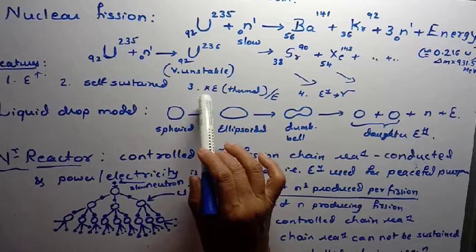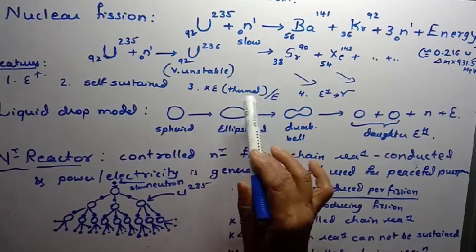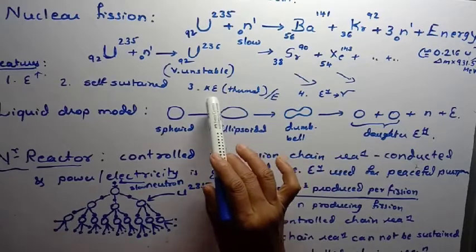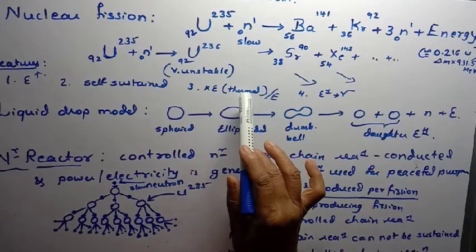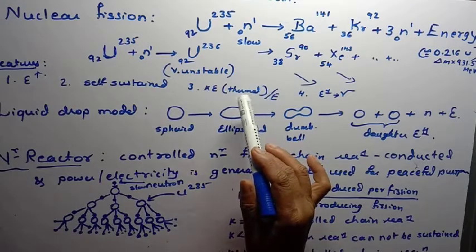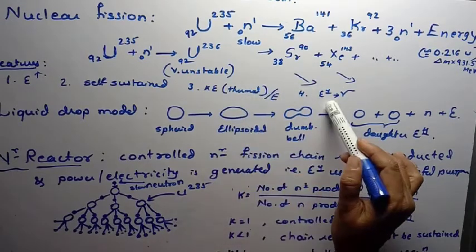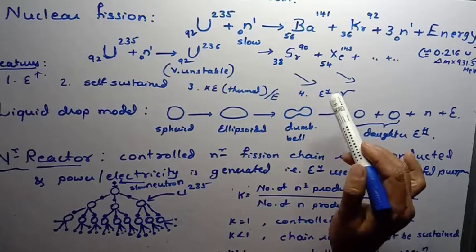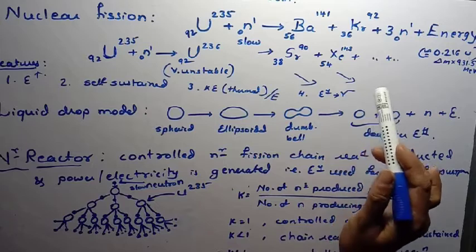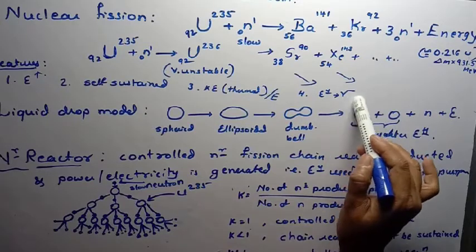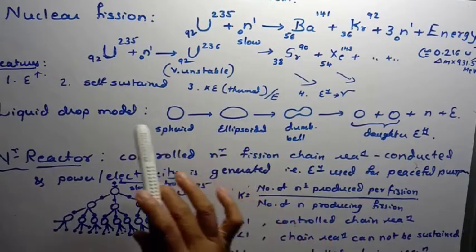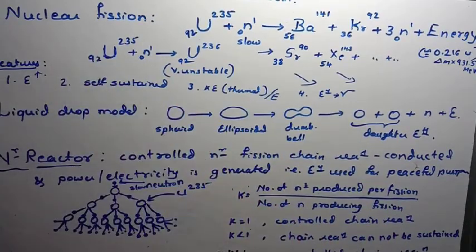Now the third one, the major part of the energy liberated is kinetic energy, or thermal energy, which can be converted into electrical energy, which can be used further. And the fourth feature is that a good amount of energy, or a part of the energy, will be lost in the form of gamma radiations. Okay, so these will be the outlines or the features of nuclear fission reactions.